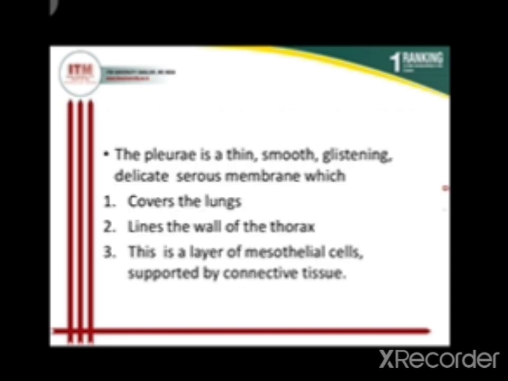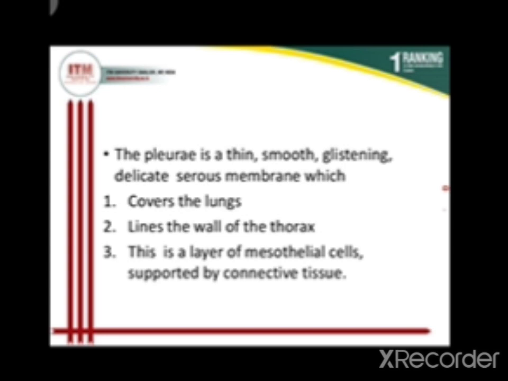Basically, pleura is singular and pleurae is the plural form. It is a thin, smooth, glistening, delicate serous membrane which covers the lung and lines the wall of the thorax, and this is a layer of mesothelial cells supported by connective tissue. Basically, pleura is the sac in which the lungs rest.